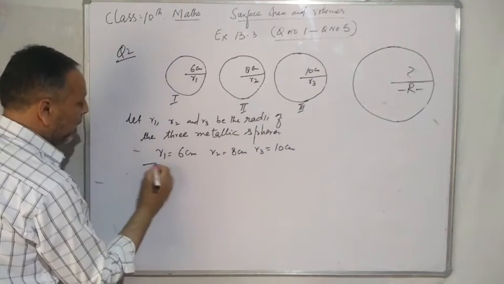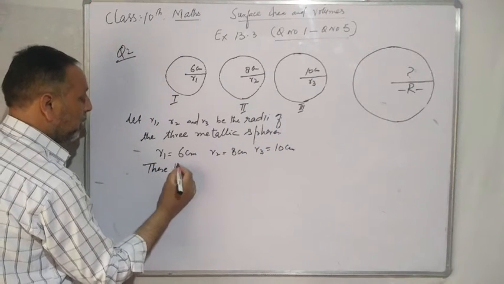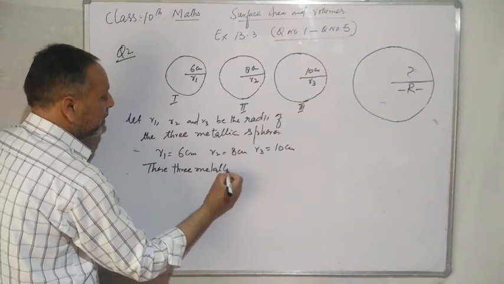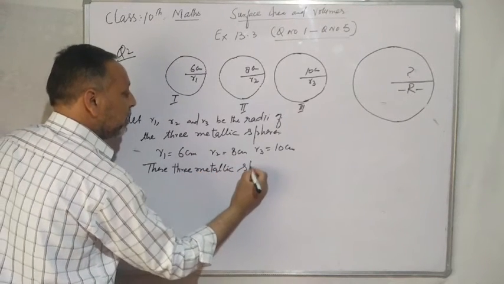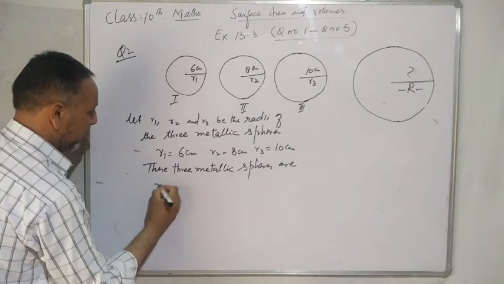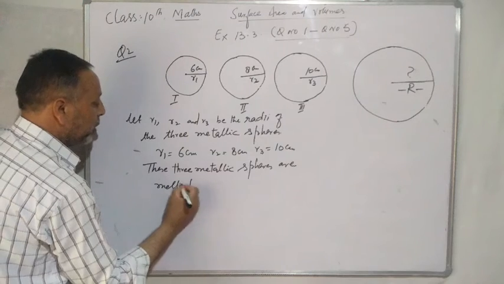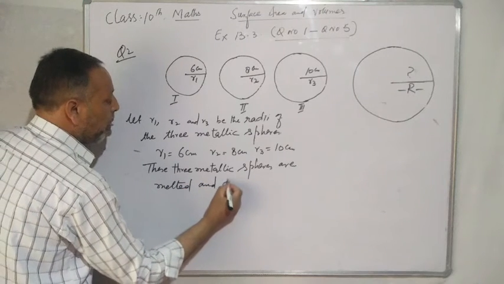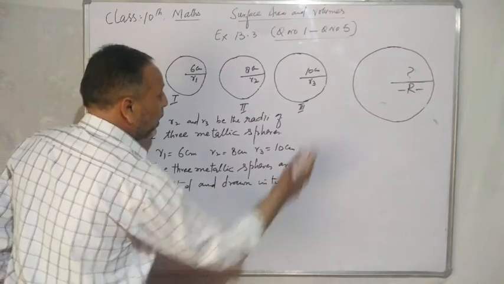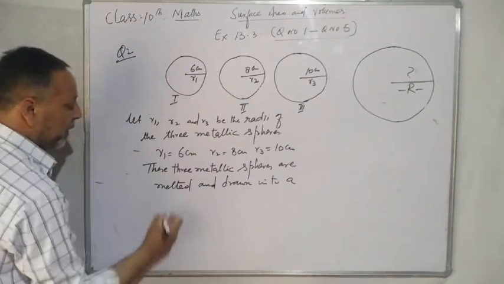Now these three metallic spheres are melted and drawn into a bigger sphere, a resultant sphere.